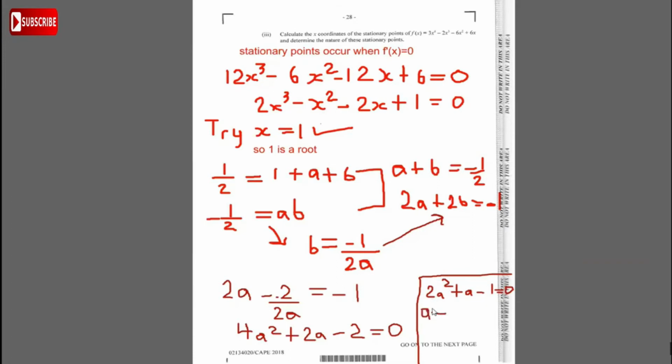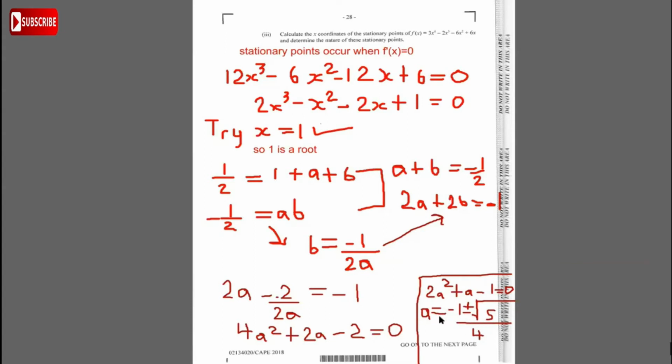So a is equal to minus b, which is minus 1, plus or minus the square root of b squared minus 4ac, over 2a. So it's 1 squared minus 4 times 2 times minus 1. So it's minus 1 plus or minus the square root of 9... over 2 times 2, which is 4. That's what I get for a.